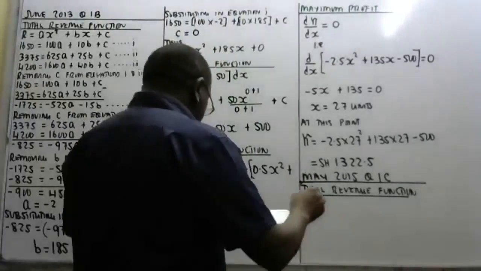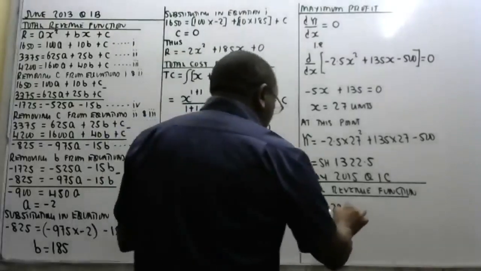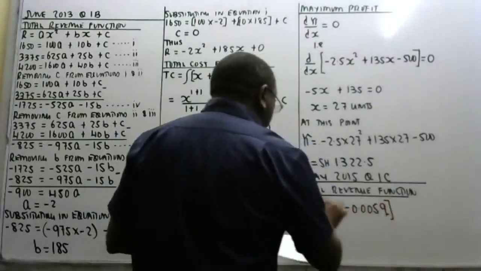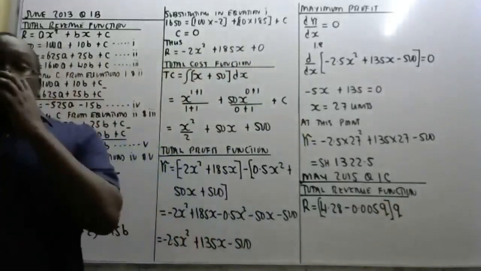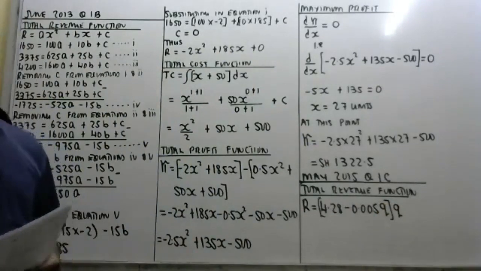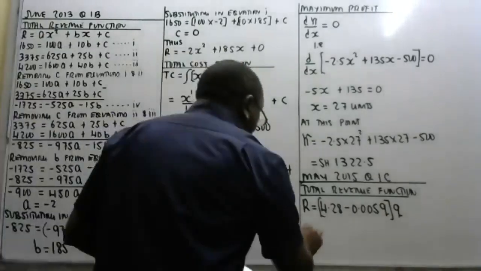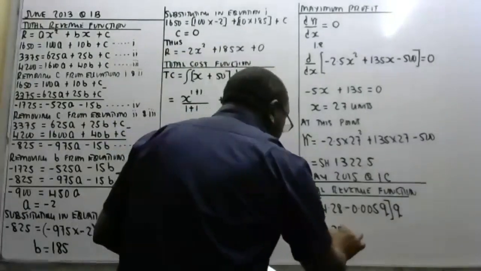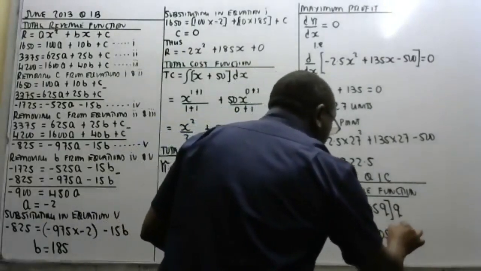And we know revenue is the selling price times quantity, so you're supposed to take the price 4.28 minus 0.005Q, and multiply by Q. When you multiply by Q, it will open up as revenue is equal to 4.28Q minus 0.005Q squared.